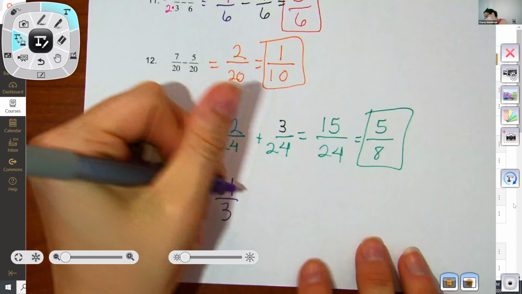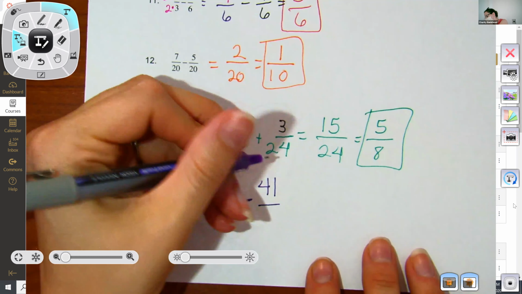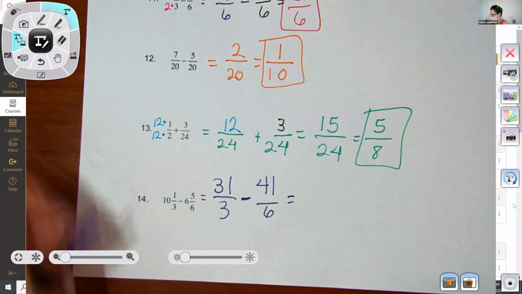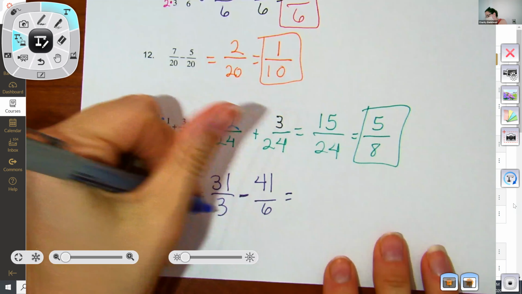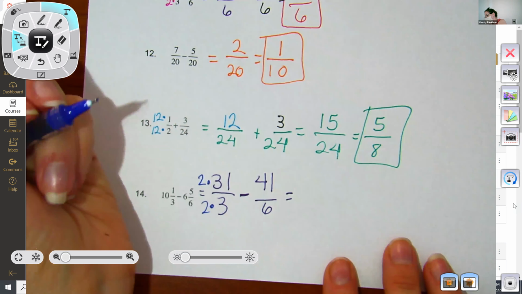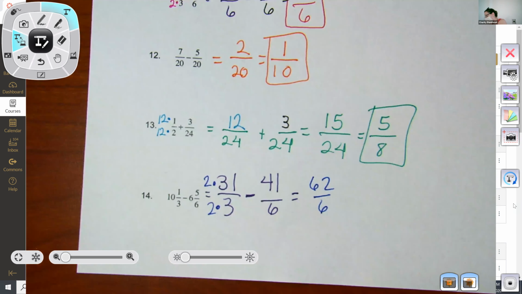So minus 41 over 6. So your LCD is 6. So multiply that by 2. So that'll be 62 over 6 minus 41 over 6.